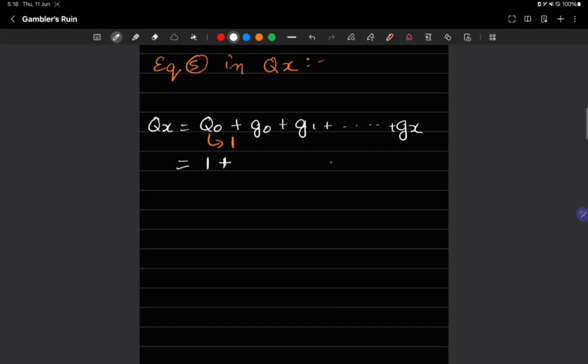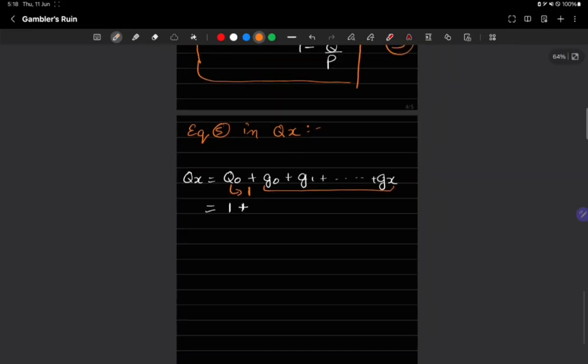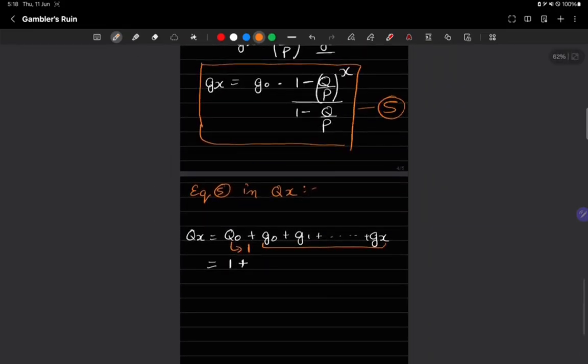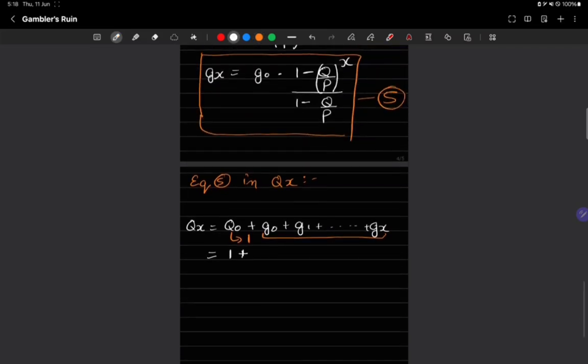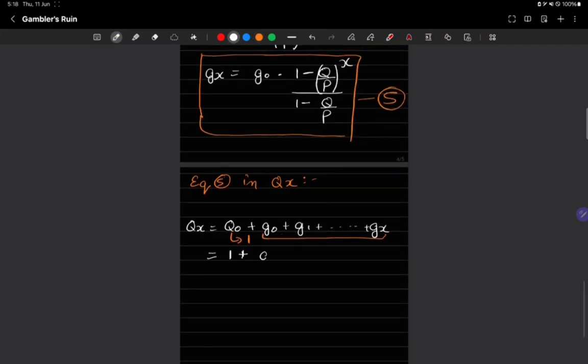And as we know, g0 till g(x) is a geometric series, what we calculated above. So we'll put the value here, that will be g0 into 1 minus q by p raised to the power x upon 1 minus q by p.